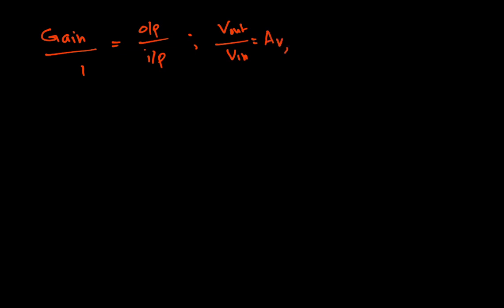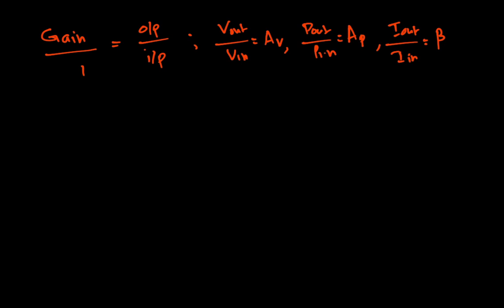The ratio of the output power to the input power is called the power gain, and the ratio of output current to the input current is called the current gain. For common emitter it is represented by beta.